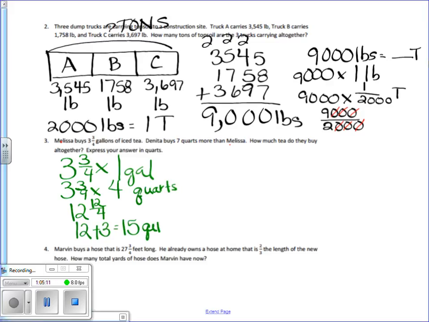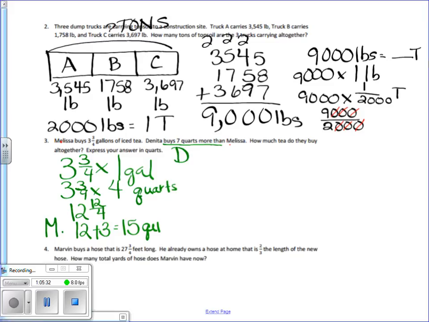That's not the answer. This just tells me Melissa. I need to find out Danita. How can I find out Danita? Multiply that by 7. Why multiply? She just bought 7 quarts more. It doesn't say 7 times as many. 15 plus 7.